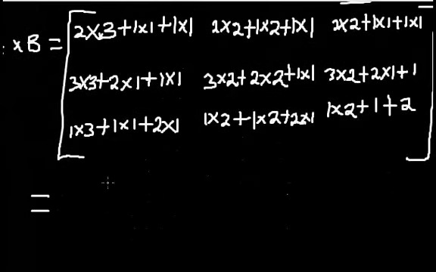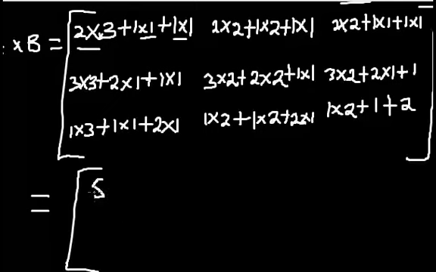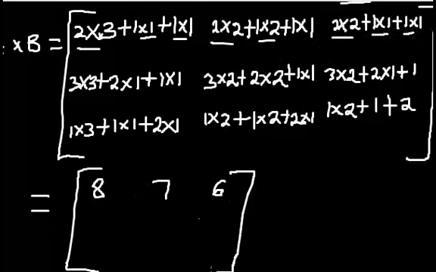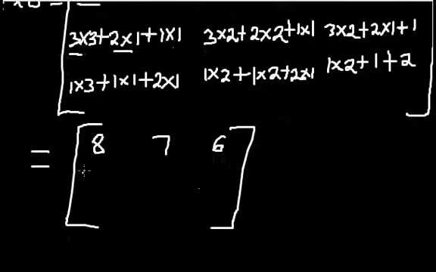So bringing everything together now, I have my answer. This is 6 plus 1, 7 plus 1, that's gonna be 8. 4 plus 2, plus 1, that's 7. 4 plus 1, 5 plus 1, that is 6. Okay, so let's do this. 9 plus 2, 11. Then plus 1, that's 12. 6 plus 4, 10.